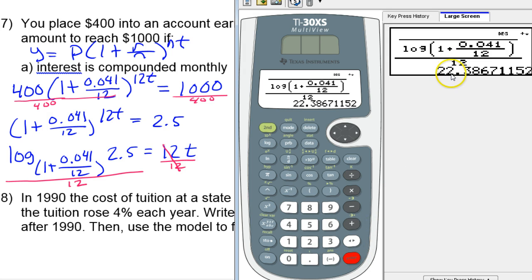So there's your 22.39. Round it to the nearest 2 decimal places. I should see 22.39 on everybody's paper.